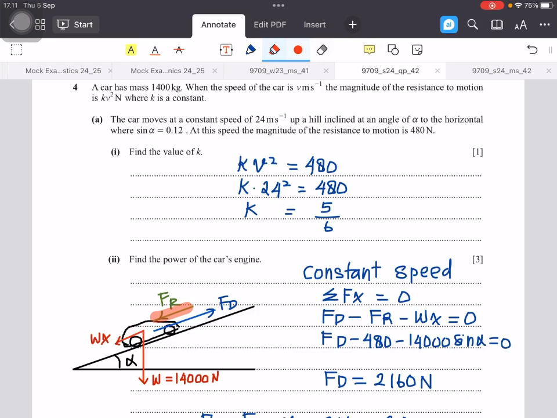The first is the resistance force, and the second is Wx. So according to this diagram, the net force in x direction is equal to 0. The equation is the driving force minus the resistance force minus Wx is equal to 0.